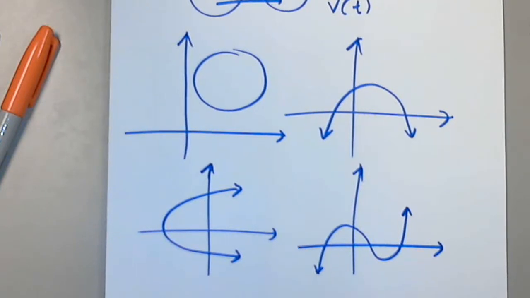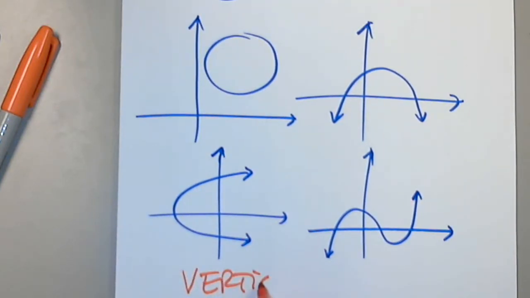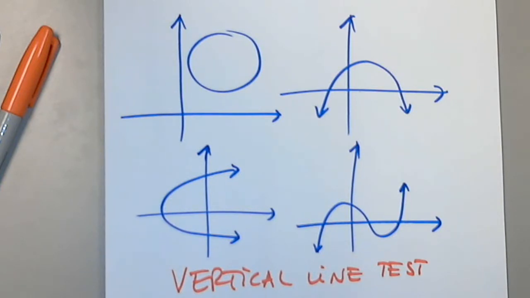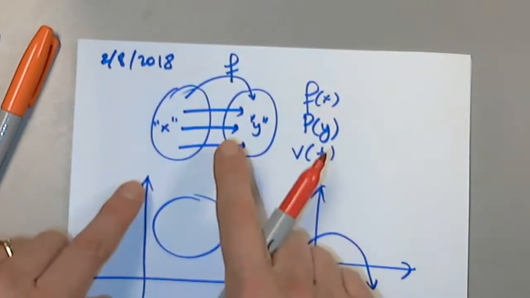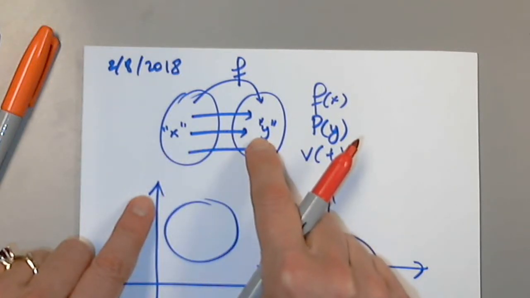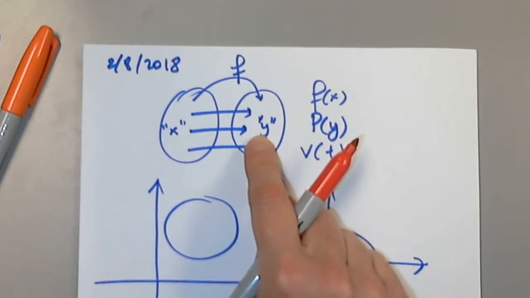By the vertical line test, I can identify whether the graph represents a function or not, because it's the same idea. If for each x I only get one y value, then that is a function.